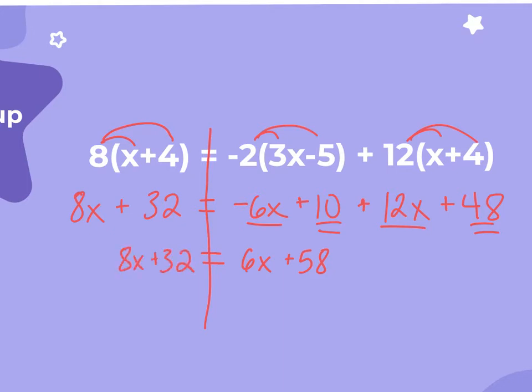All right, now what? A lot of us did it. Just volunteer. Good. Subtract the 6x from both sides. Move that smaller variable first.